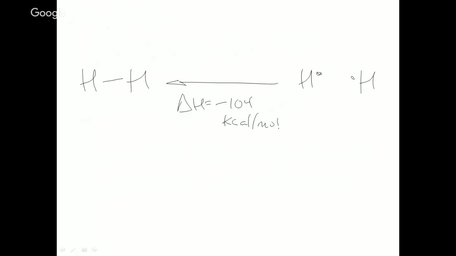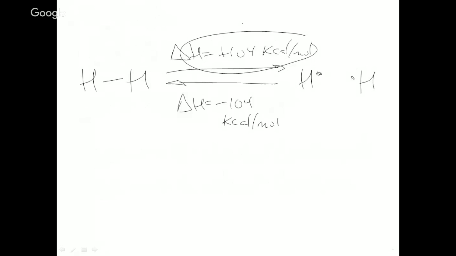That's when we form bonds. There's an energy saving reality. To break this bond costs energy. What we mean by positive and negative is it takes 104 kcals per mole to break this bond. So that much energy is absorbed to break this bond apart.